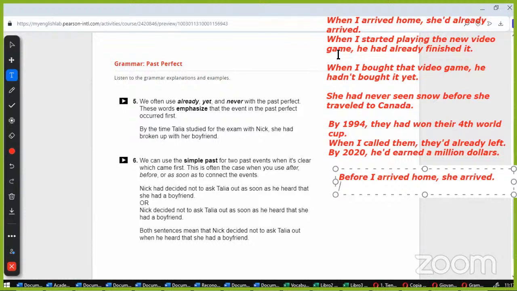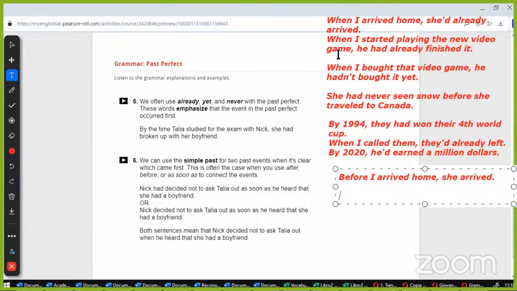When you speak normally, informally, you use two simple past sentences instead of the past perfect. However, for the TOEFL, I definitely recommend that you use the past perfect. I wouldn't really recommend using two simple past sentences. But you could do that. In fact, when you speak, it is more normal to use simple past instead of past perfect.